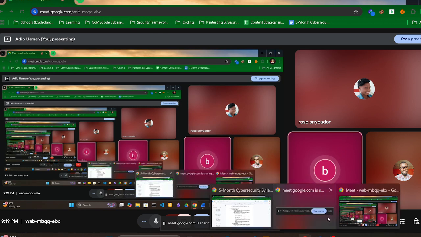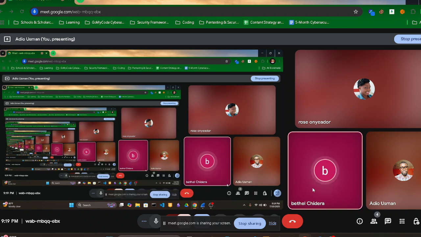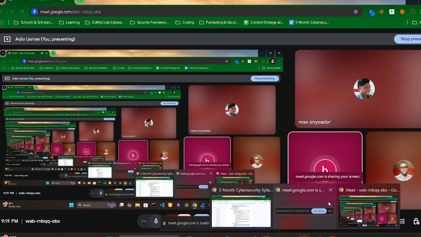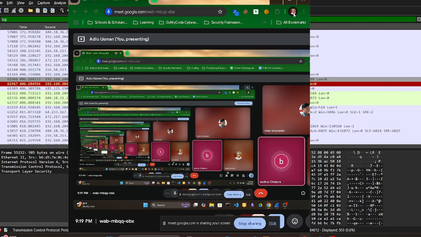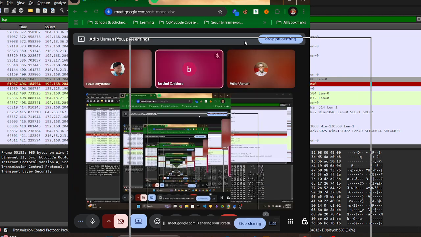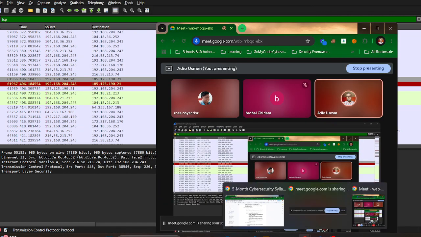You can zoom yours. I think you are seeing it through Google Meet. That's why.